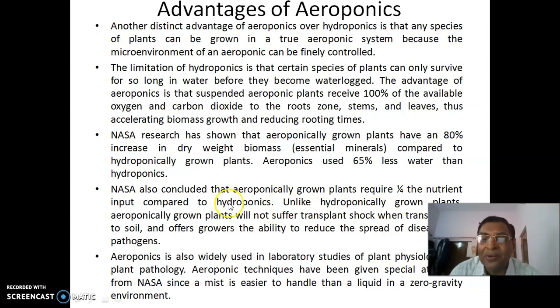Unlike hydroponically grown plants, aeroponically grown plants will not suffer transplant shock when transplanted to soil. Some of the plants are to be transplanted to the soil. But when hydroponically grown plants are transferred to the soil, what they observed is a shock. They could not survive because the two environments are different.